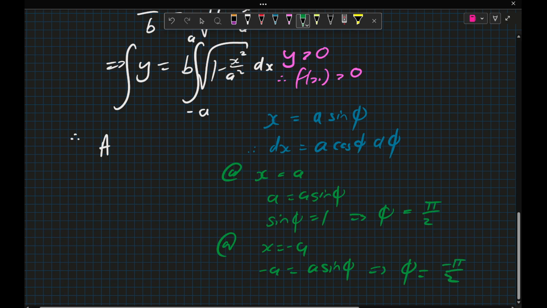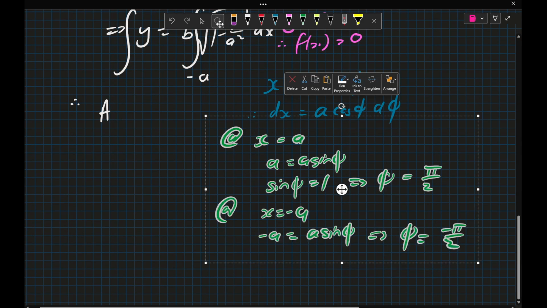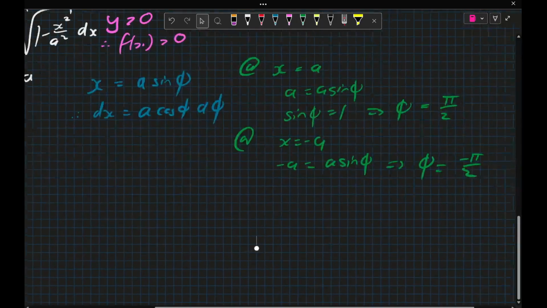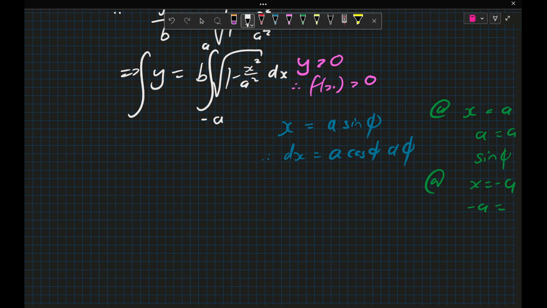So we're changing the limits plus a and minus a into actually pi over 2 and minus pi over 2. And this is actually where the pi factor comes in to the pi ab. So again, it's a very cyclical trick, but it's all going to come together at the end.